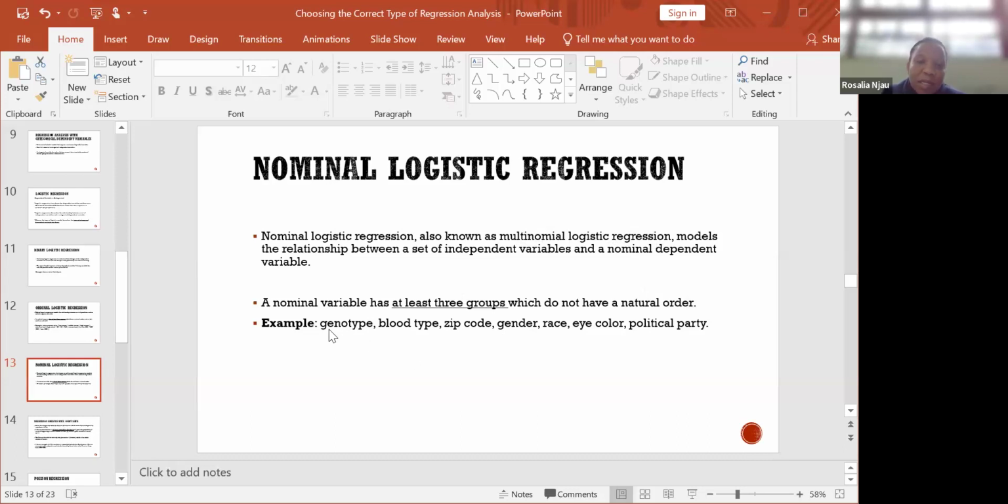Examples of nominal dependent variables could be genotype, blood type A, B, or AB, zip code, gender, race, eye color, political party. Those are examples of nominal dependent variables that would require nominal logistic regression.